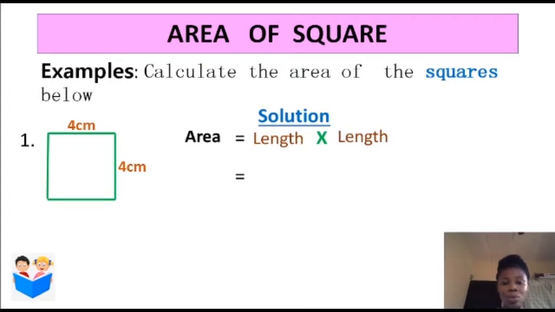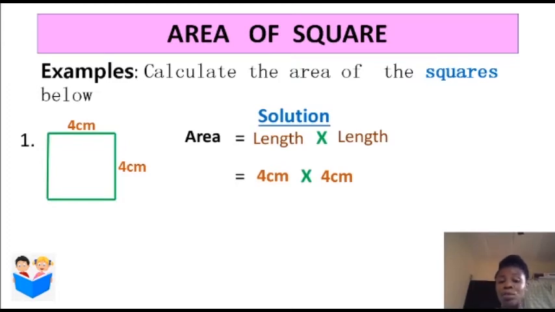Now let's find out what is length on the square. Length is 4 centimeters. The other length is also 4 centimeters. So we have 4 centimeters times 4 centimeters. We use the 4 centimeters to replace the word length.